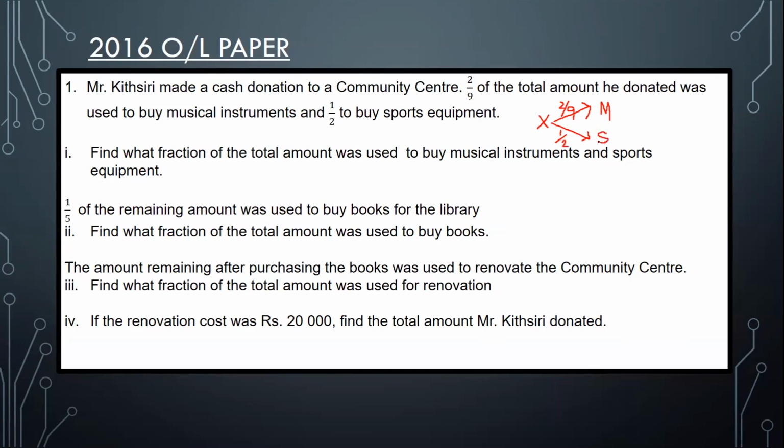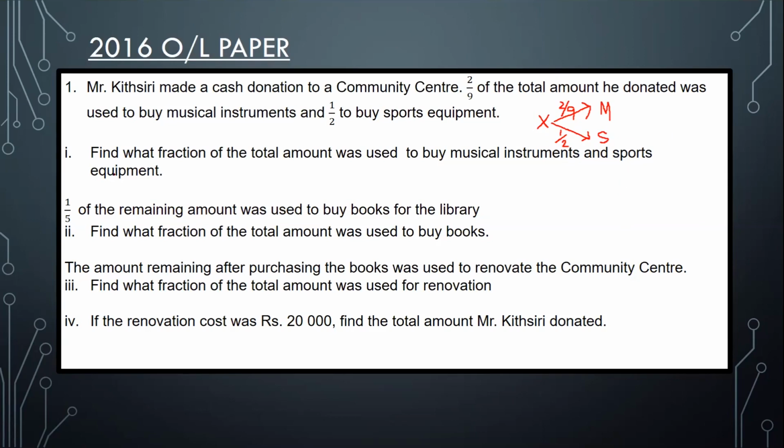You can draw a diagram like this when you read the question the first time. This is our initial portion. These are real fractions, so directly you can take them as this. If you divide further, then you have to multiply the branches to get the real fraction.